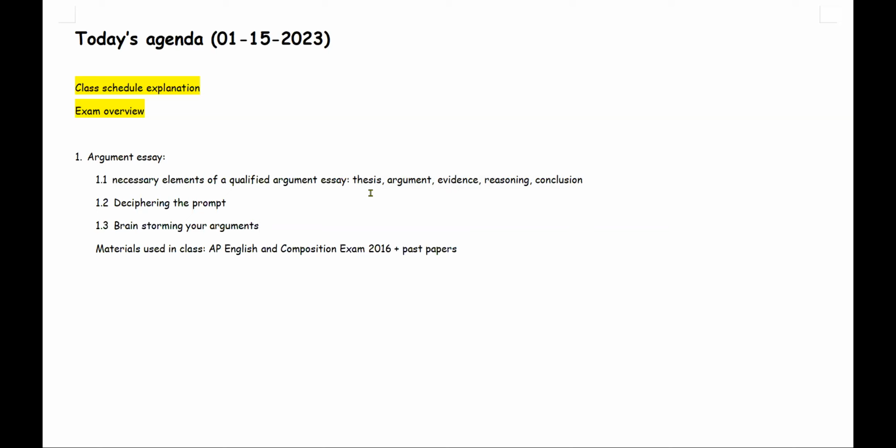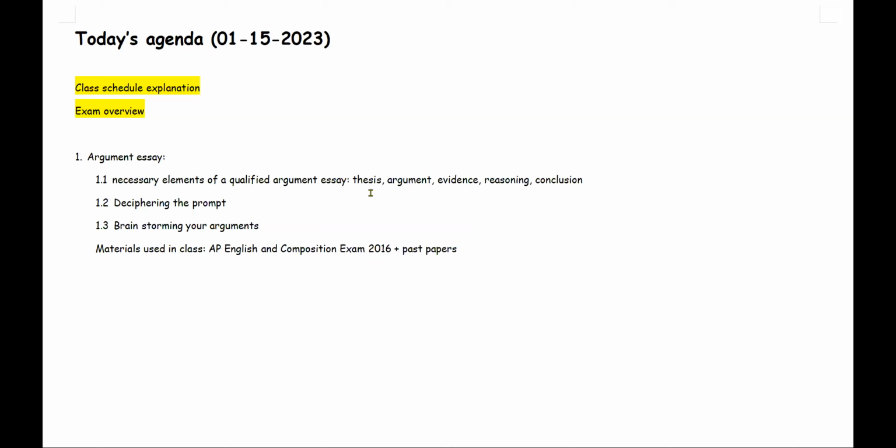According to your understanding, Julian, what is a thesis statement? A thesis is your main point and your main message. It's a really short and concise statement of what you're trying to prove in the whole essay. Okay, very good. So it's your main point that you need to prove later on.